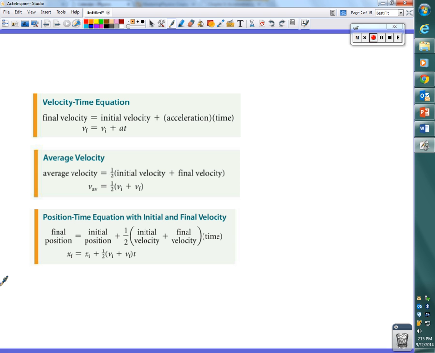And then we talked about in the middle equation that if we know an object is changing velocity at a consistent rate, a constant acceleration, we can figure out the average velocity of that object during a time frame just by taking the initial velocity, the final velocity, adding them together and dividing by 2, just like we calculate the acceleration for any object.